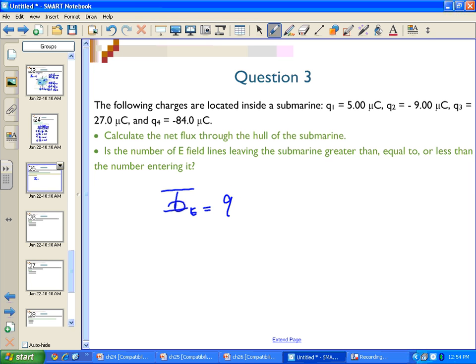Well, the net flux will of course be due to the total or net charge which is inside the submarine. Well, that's the sum of all of the charges that we have just listed.